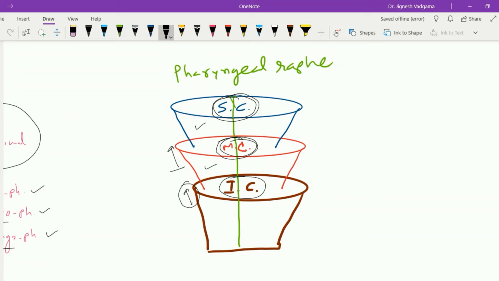These three constrictor muscles are present in a manner of cone within cone, and all of them arise from the front, and all of them insert into a single median fibrous raphe, which is called the pharyngeal raphe.